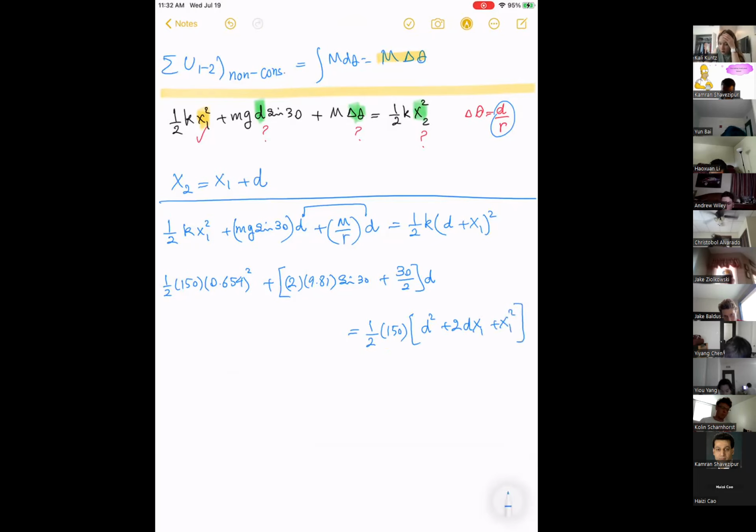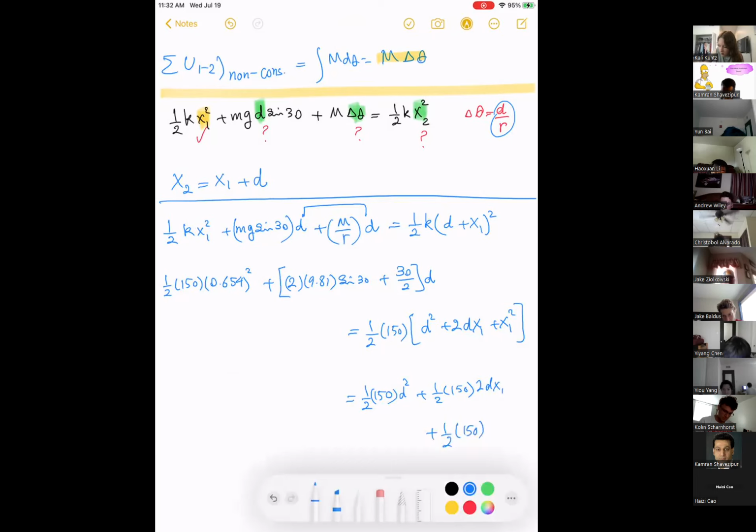So if I expand this side, you're going to get half 150 d squared plus half 150 2d times x1 plus half 150, and let's just substitute as x1 here.